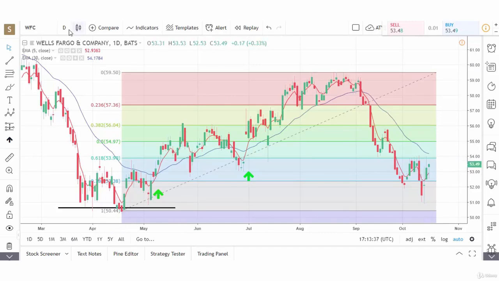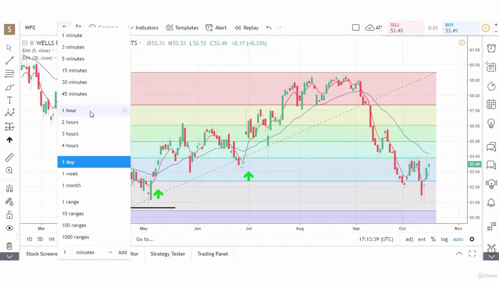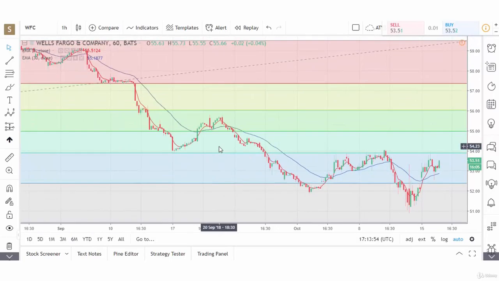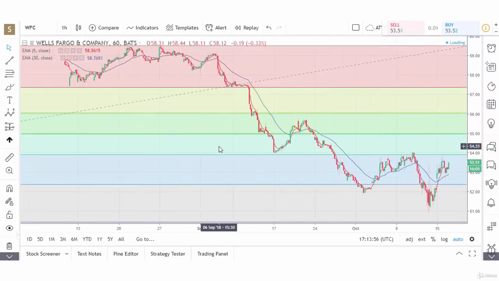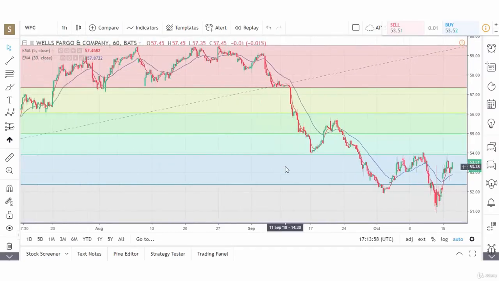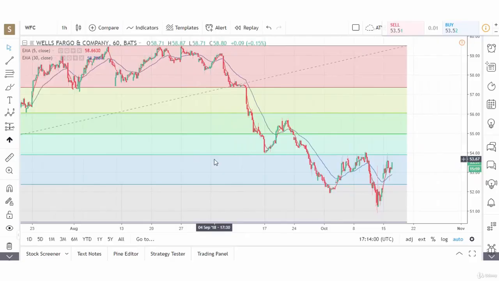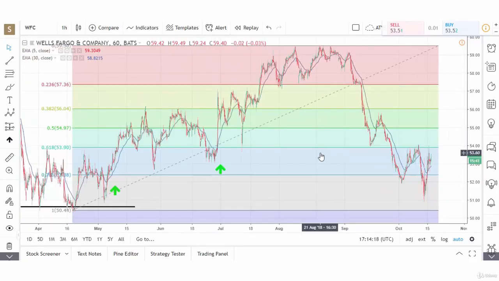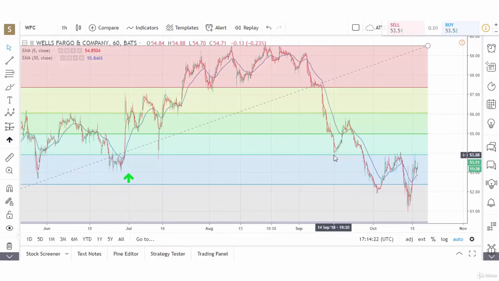Now let's take a look at this in a smaller time frame and look at it on an hourly basis. What's going to happen is our EMA will change from a 5-day to a 5-hour and a 30-hour. So we can take more trades on an hourly basis, but we can still use our Fibonacci levels in combination with our EMA. Here's that bounce off support at the 61.8% level.